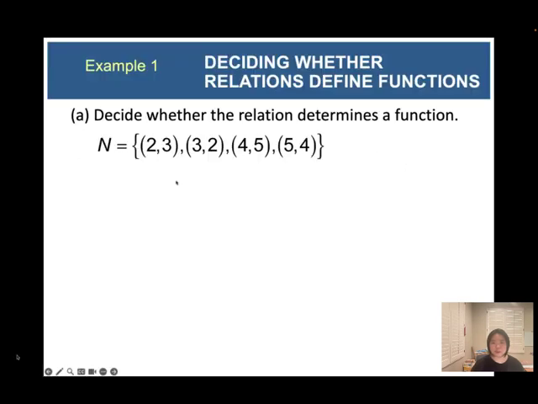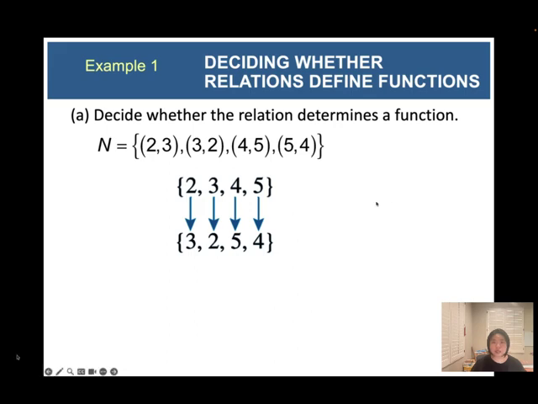For example, I have 4 ordered pairs here. Let's write down the domain. The domain is the possible values of x. So we have 2, 3, 4, and 5. This is going to be the domain. And then the range, what is our output? Output will be 3, 2, 5, and 4.